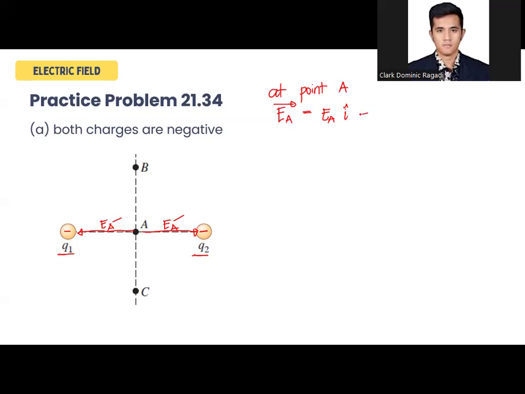So we can write that as negative EA i hat. Okay, so that would result in an electric field of 0. So when both charges are negative, there is no electric field at point A.